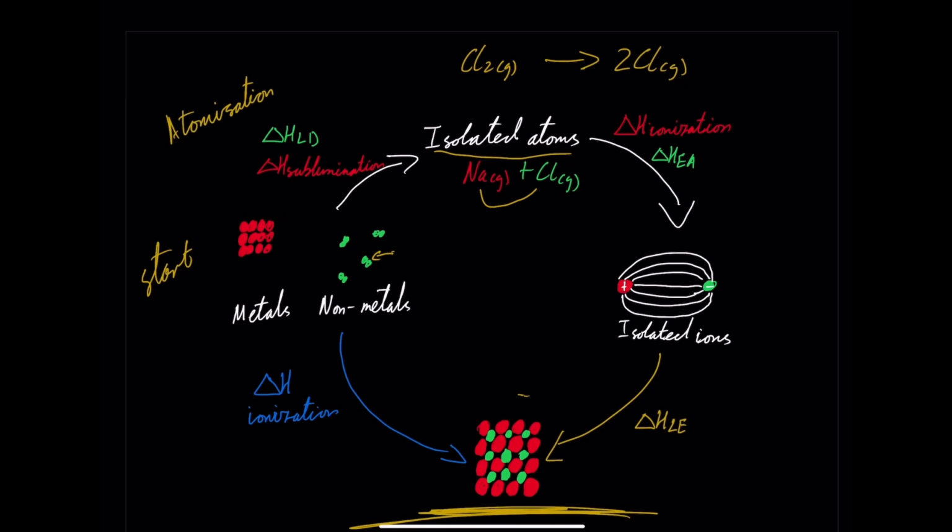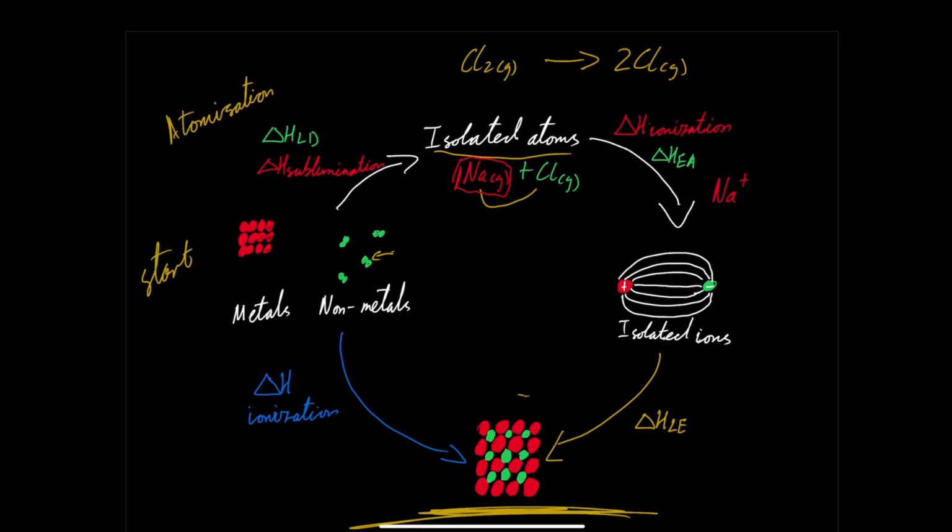So forming a mole of gaseous Na plus cations from removing 1 mole of electrons from 1 mole of sodium atoms.